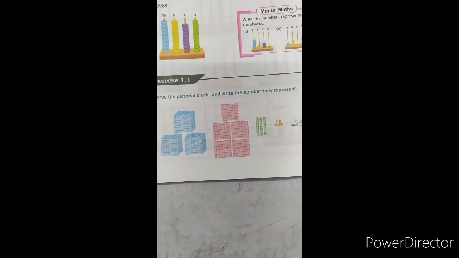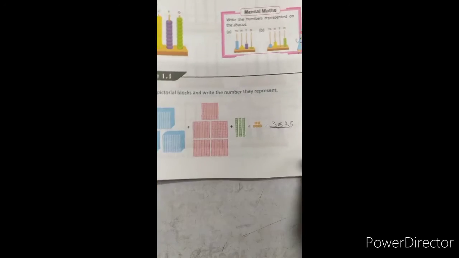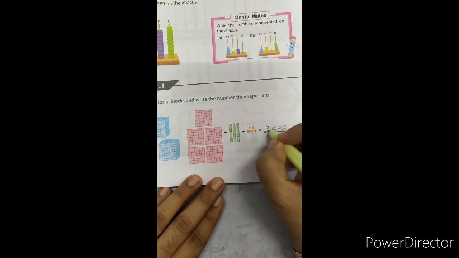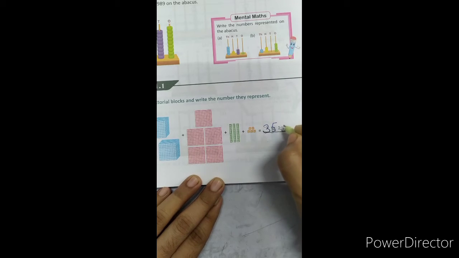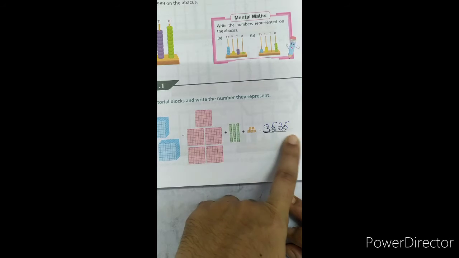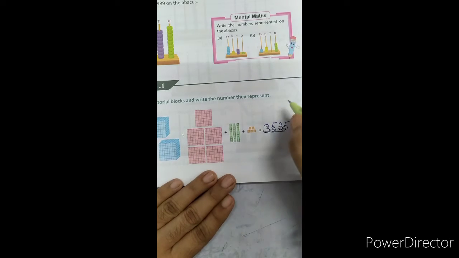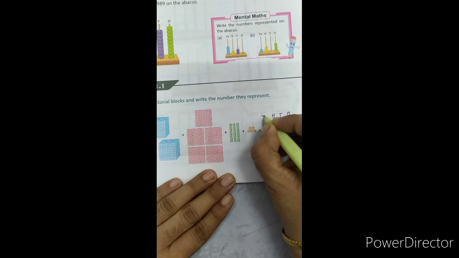Now if you want to write the number, it will become 3535. So you can write like this also: ones place, tens place, 100 place, and 1000 place. Can you see?